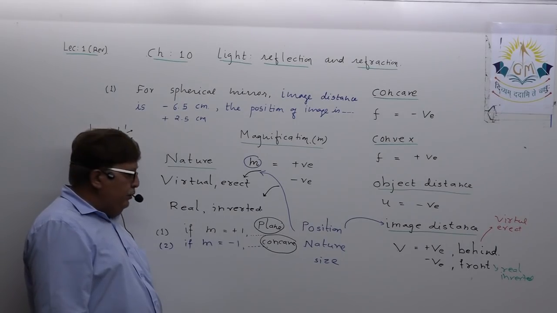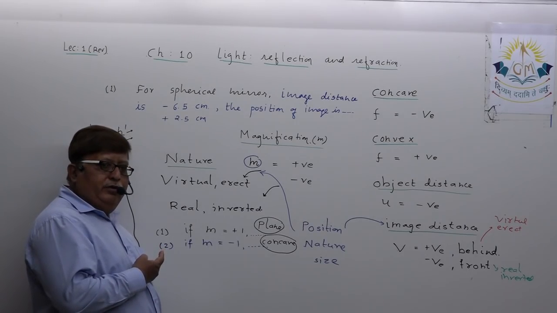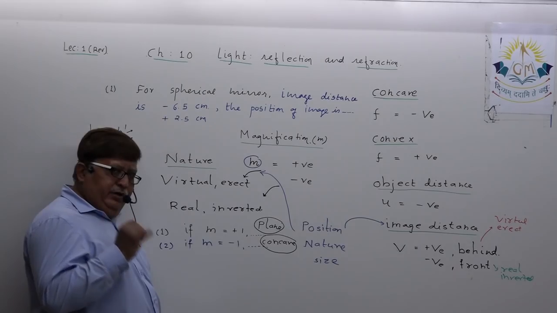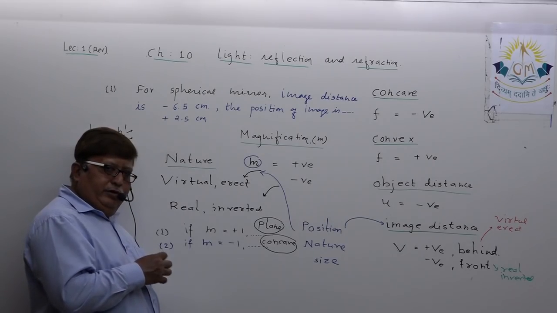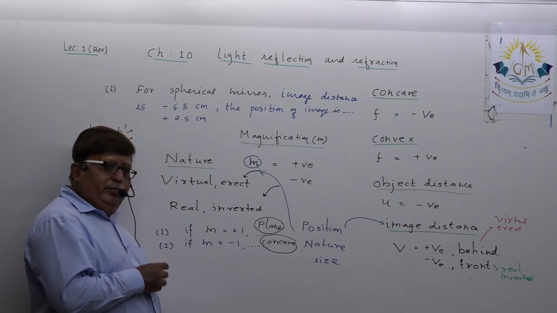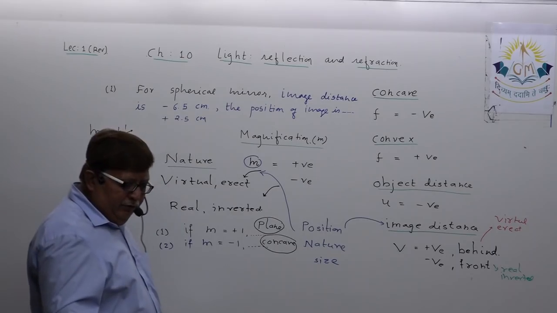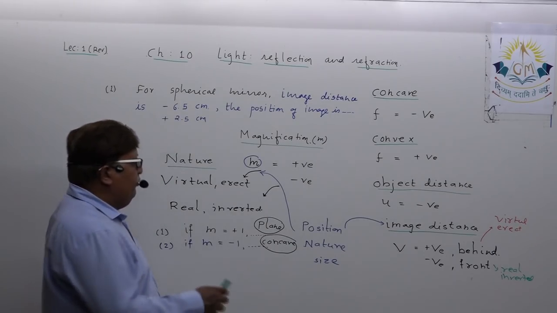Magnification minus 1: can you guess the nature and size? Real, inverted, of same size. Which mirror can produce such type of image? Only concave mirror. Okay, let us discuss some other MCQs.